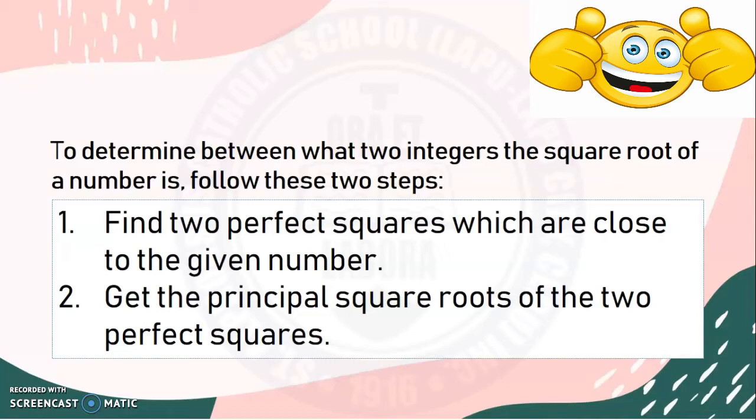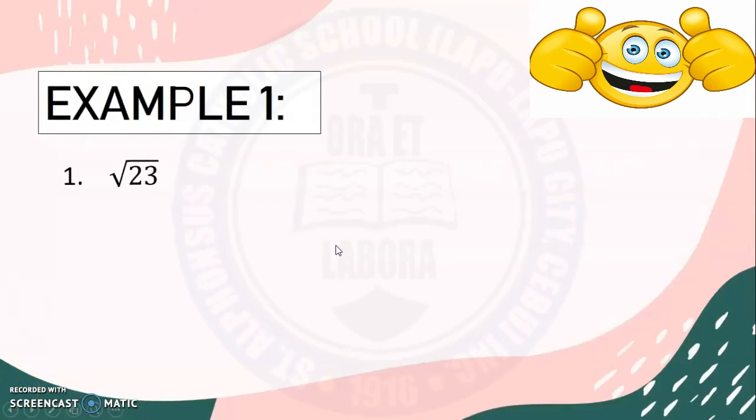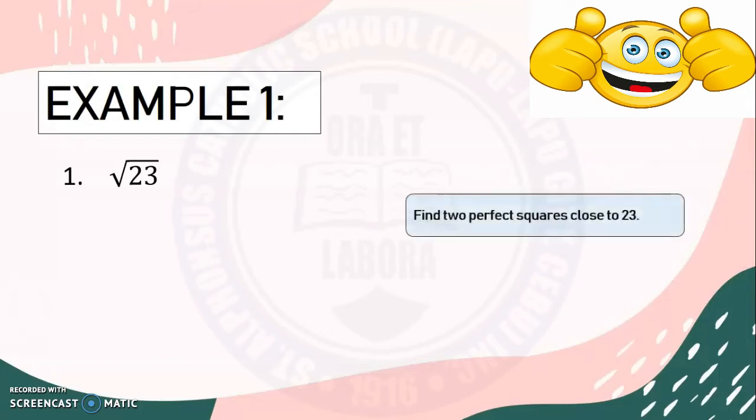Now, let's apply these steps to the following examples. Example number 1, the square root of 23. We all know that 23 is not a perfect square, so we will estimate its square root. First step, find two perfect squares close to 23.